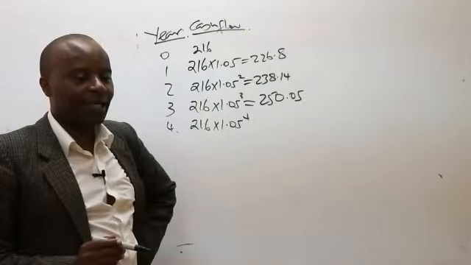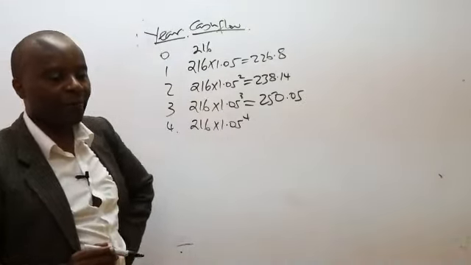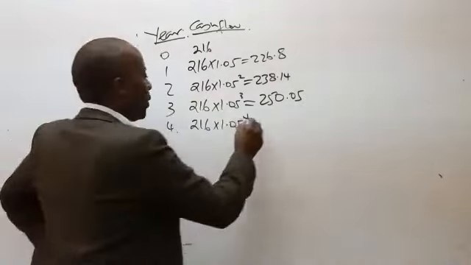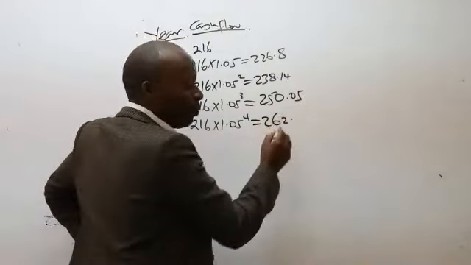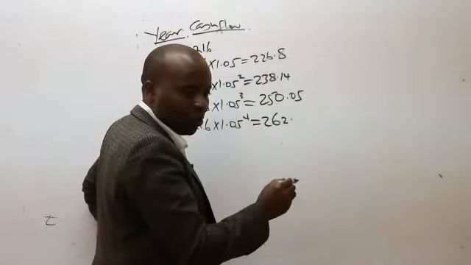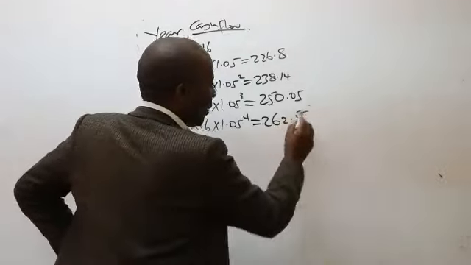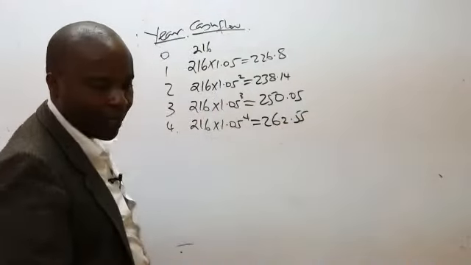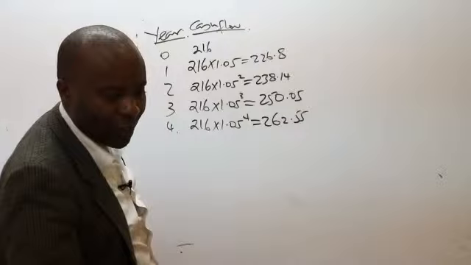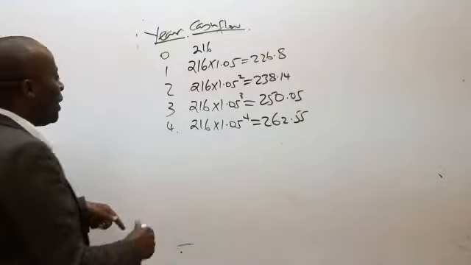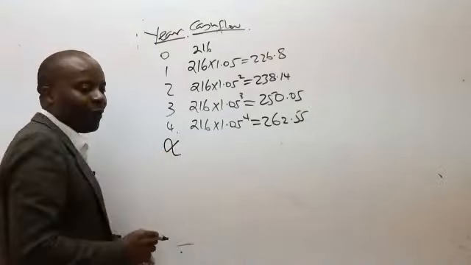And then Alice finishes this with year number 4, which is 262.55. And then, ladies and gentlemen, after the 4th year, we enter into the infinity.